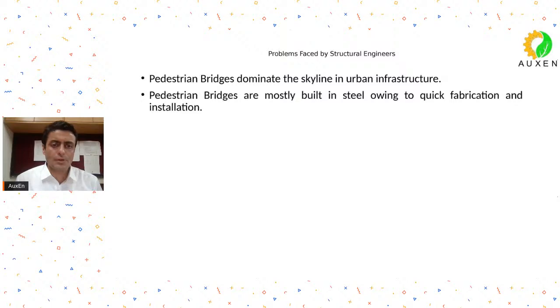Generally, they dominate your skyline, and they are quite important in the city's architecture, and also important for the smooth movement of people from one place to another. These days, not only in railway stations, you also see them in city centers and at major road crossings, and mostly they are done in steel.